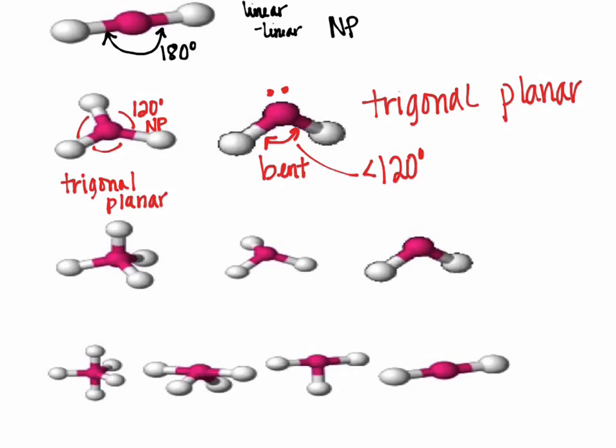So when we get that lone pair, it's pushing down on those two atoms, and it pushes that angle and makes it smaller than what it was when we had the three atoms on there. So it's about 117, but less than 120 is good. They're not going to ask you for the exact angle. Again, you have the lone pair there, so my polarity would be polar. Okay?